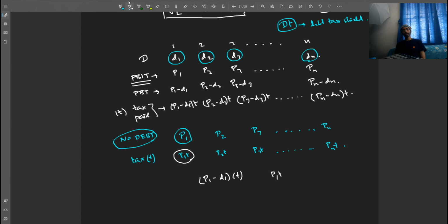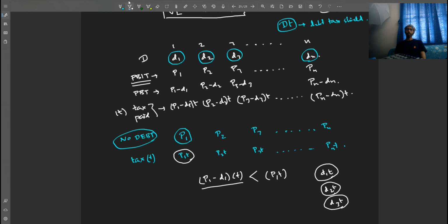Obviously, you can see this amount P1 minus D1 into T will be less than P1 into T. By how much? By D1 into T amount, right? In period 2, this amount will be less by D2 into T amount. In the third period, the amount will be less by D3 into T amount, right?